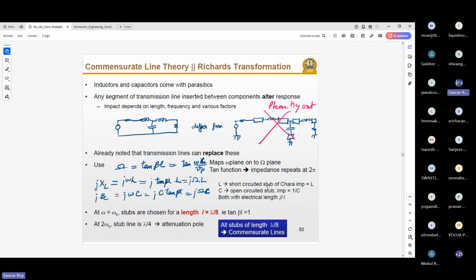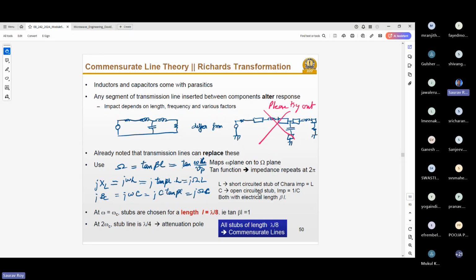One is a short circuit stub of lambda by 8, which has a characteristic impedance L, will be equivalent to an inductor L. And similarly, the open circuit stub will be equivalent to a capacitor C. That is how you can make a capacitor and inductor out of an open circuited and short circuited stub of length lambda by 8.